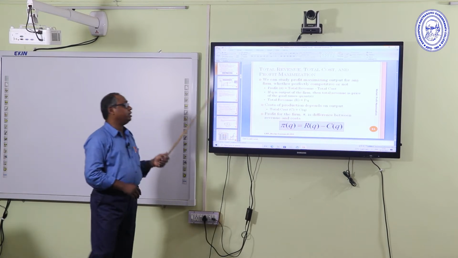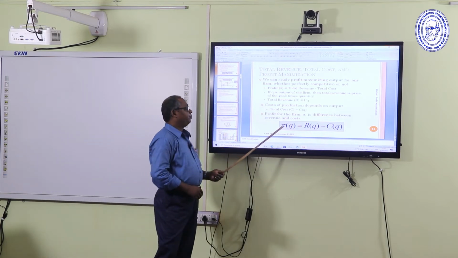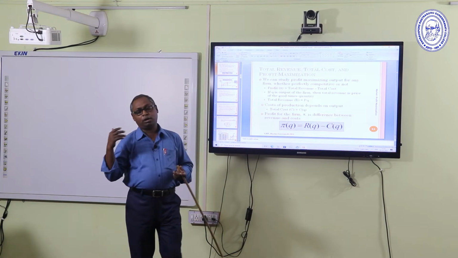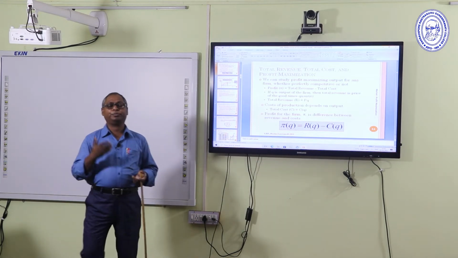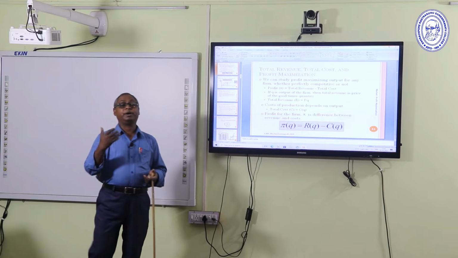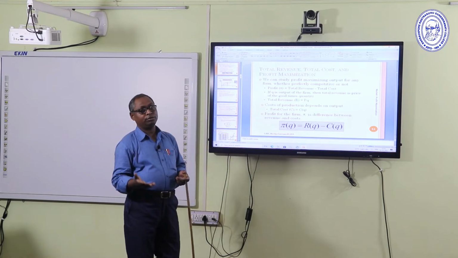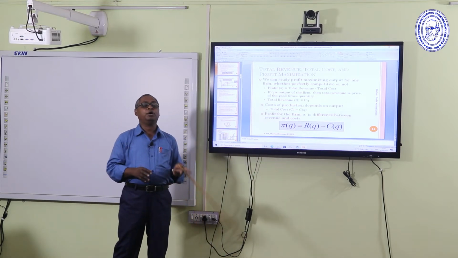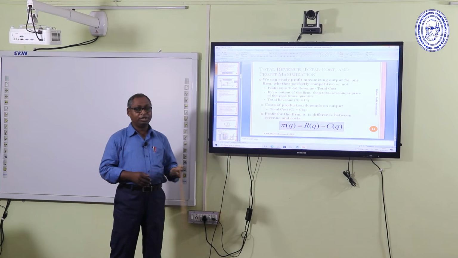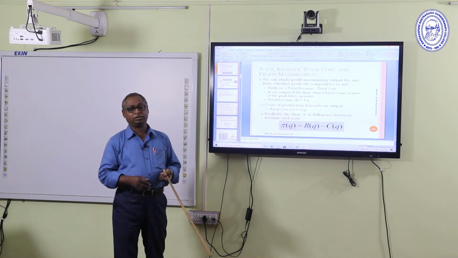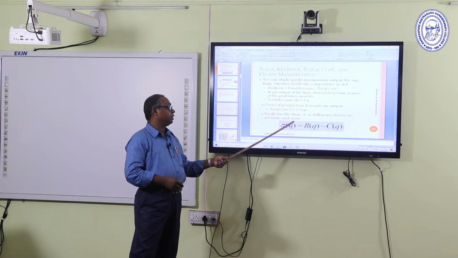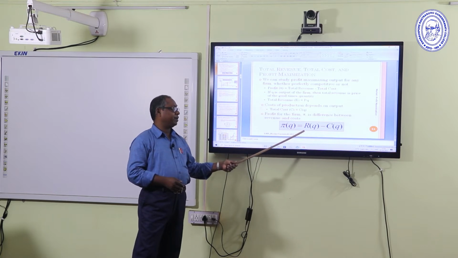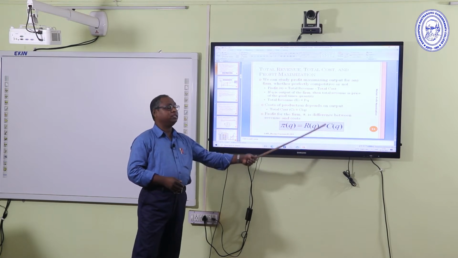But here, from the optimality theory, if we think the firm is a profit maximizer, then by the optimality theory the first partial derivative of a function will give the slope of this function. Here, if we differentiate, del pi by del q equals del R by del q minus del C by del q.